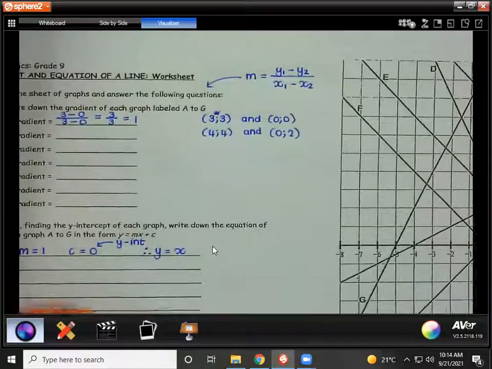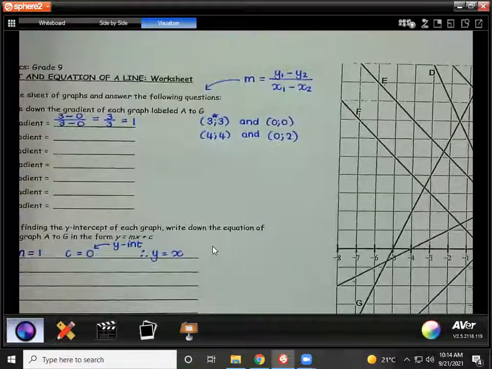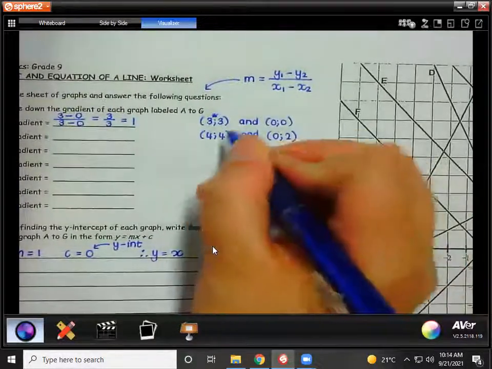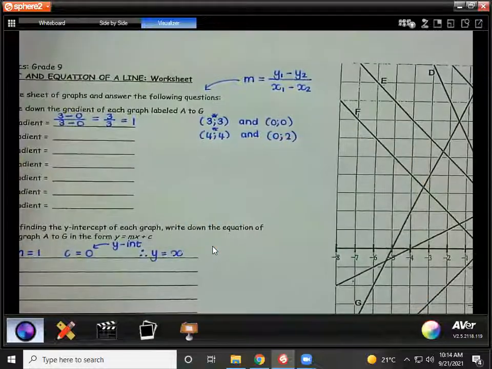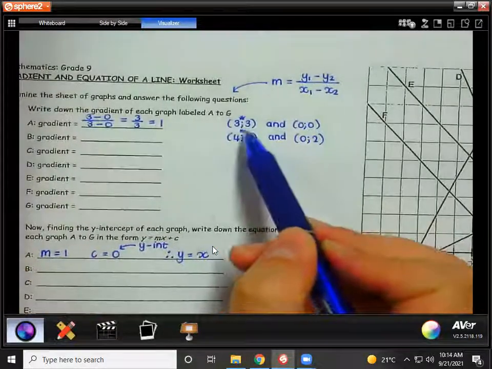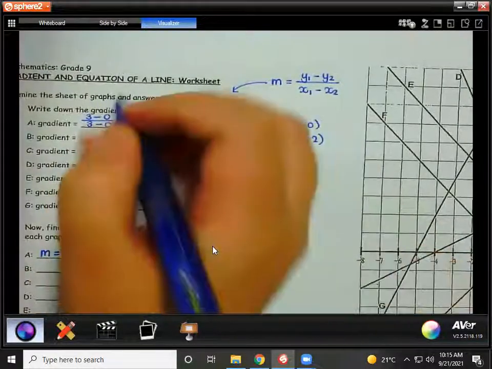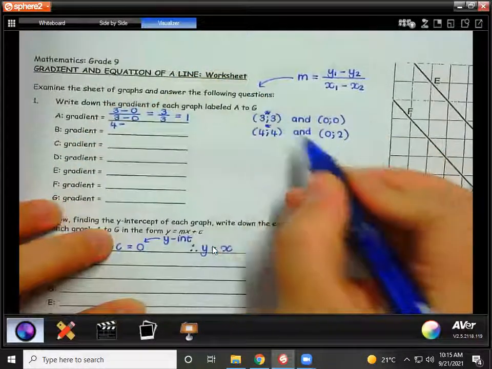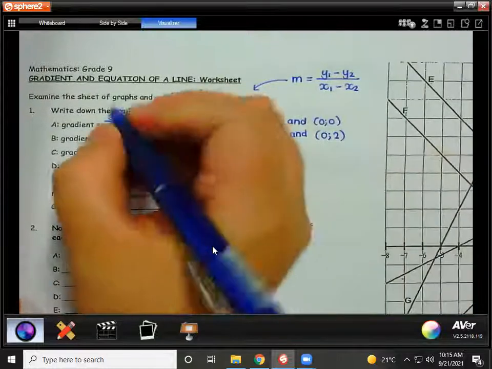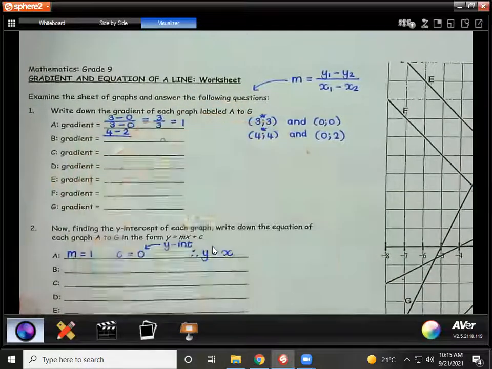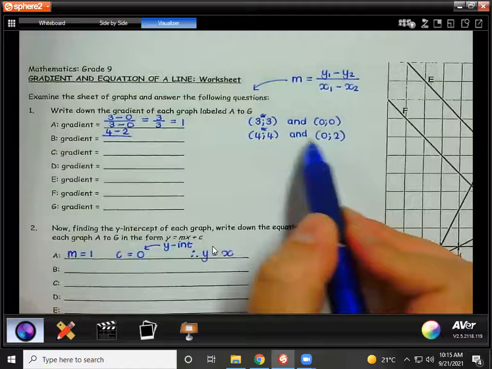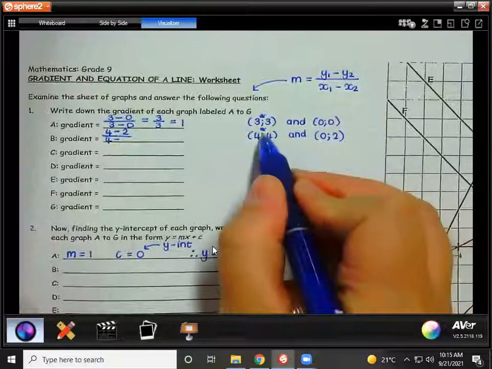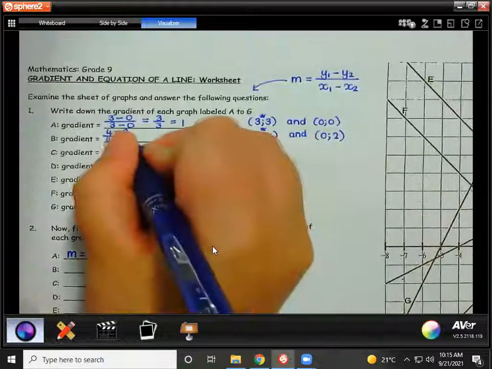Now we decide which point we are starting with. You guys want to start with 4, 4? Let's start with the one that we write down first. That's easiest, I think. So we'll start with 4, 4. What is the y value of our first point? 4. So we're going to say 4 minus, what is the y value of the second point? 2, over, what's the x value of the first point? 4, minus the x value of the second point, which is 0.